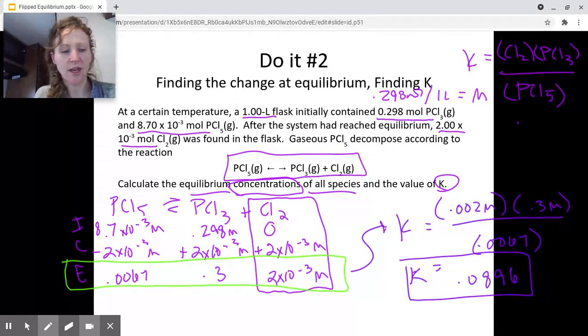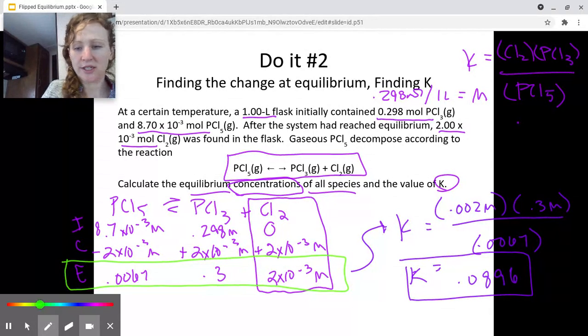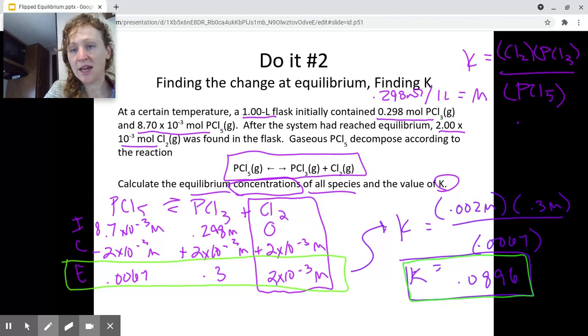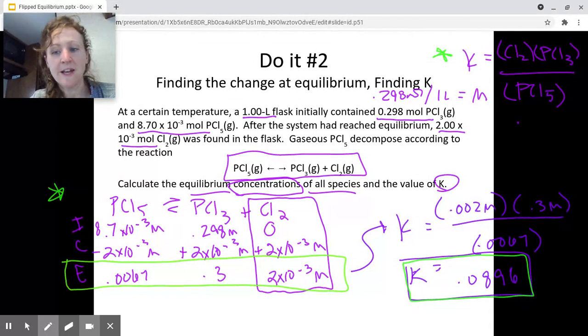There's our K. So we now have equilibrium positions in K. Again, notice our K equation helped us. Our ICE chart helped us. We want to rely on these things.